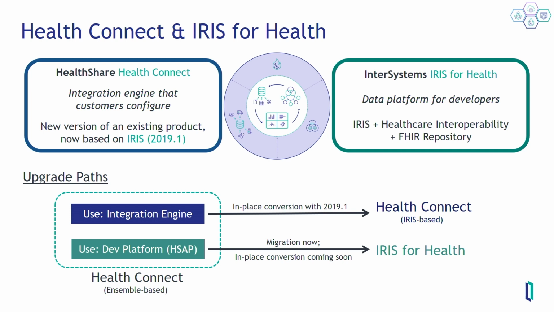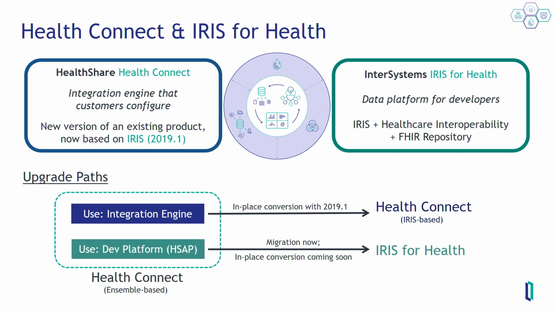In terms of upgrading to the new products, we currently have two different paths for upgrade, and it all depends on how you're currently using the application. For customers that are currently using Health Connect strictly as an integration engine, we already have an in-place conversion mechanism in 2019-1 to go directly to the new Iris-based Health Connect.